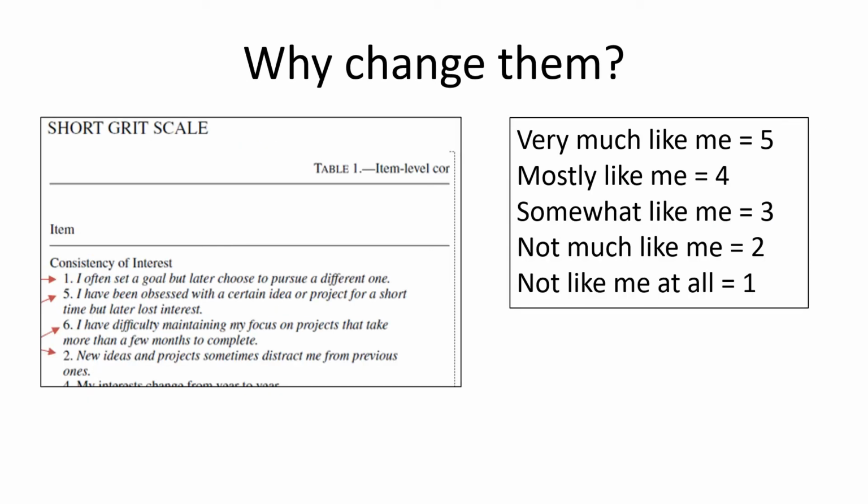You might have noticed that it works out that all of the questions on the consistency of interest subscale are reverse scored. We know that because the table is organized so the questions in each subscale are grouped together, the italicized questions are on the short scale, and all 4 of the italicized questions are reverse scored.